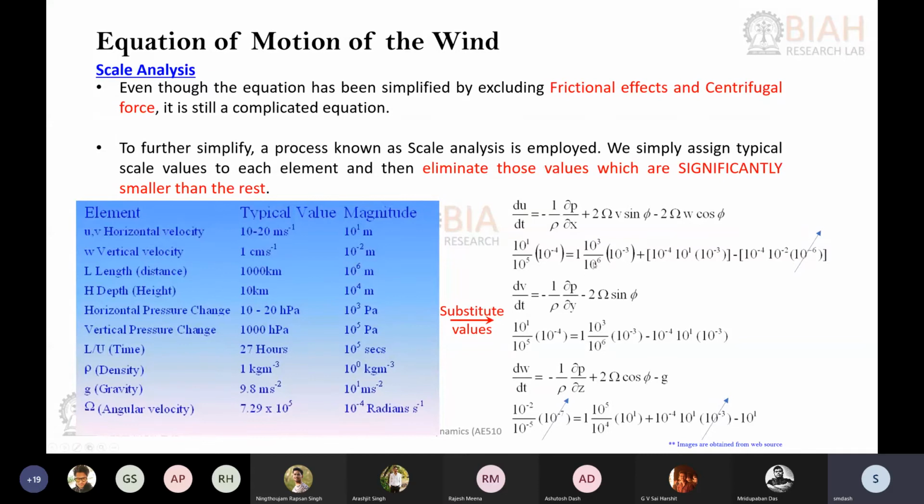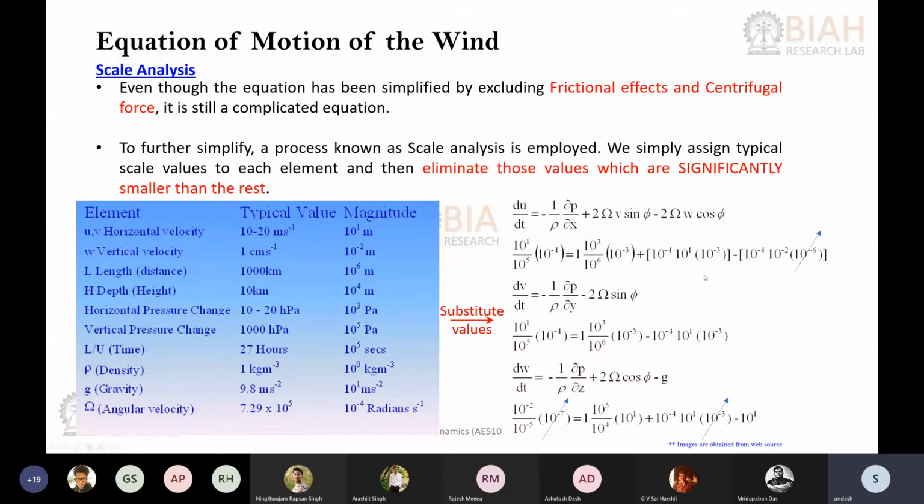Now the acceleration term on the left hand side is of the order of 10 to the minus 4, the pressure gradient term of the order of 10 to the minus 3, then this Coriolis force term. One you get 10 to the minus 3, the other one, due to the Coriolis force because of the vertical velocity, is quite small.